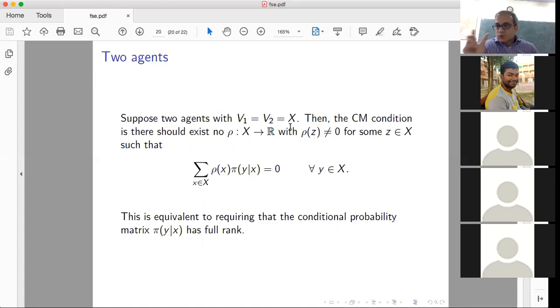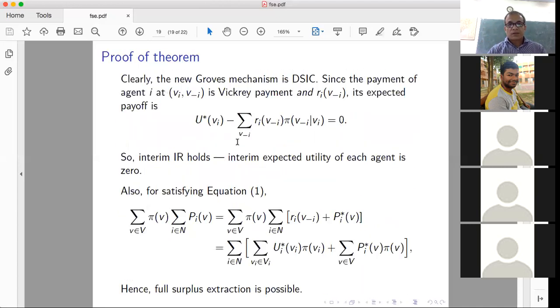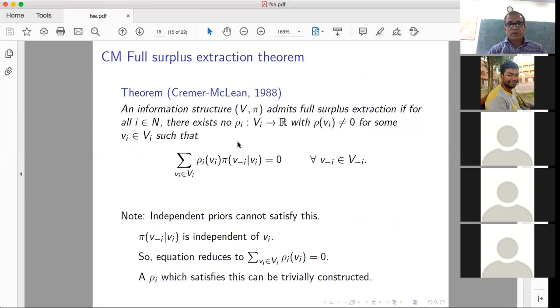So there are just two types, 0 and 1. Then what is the Cremer-McLean condition? Well, the Cremer-McLean condition says that there exists no rho, I mean, for every agent there is a rho_i, but remember this Cremer-McLean condition has to hold for every i.